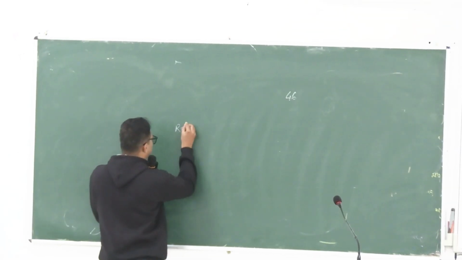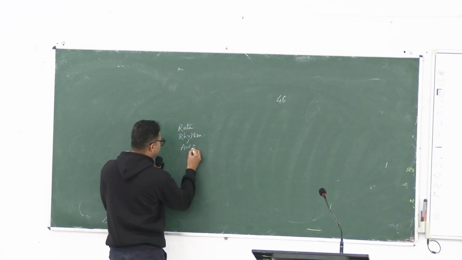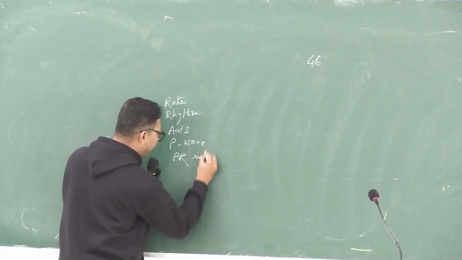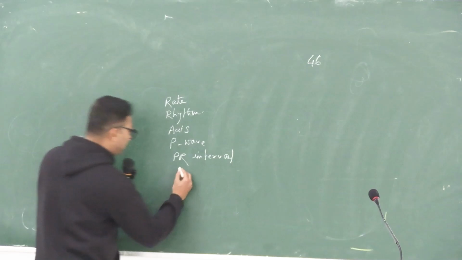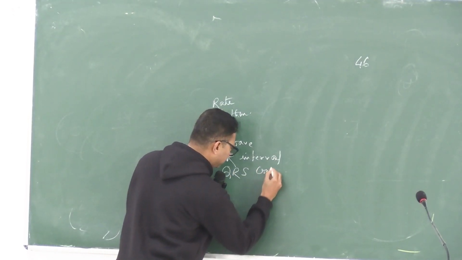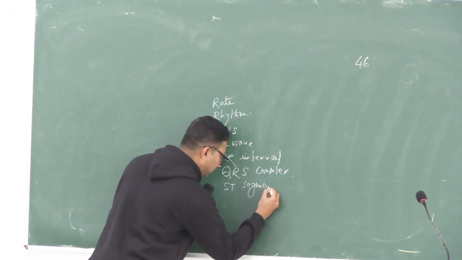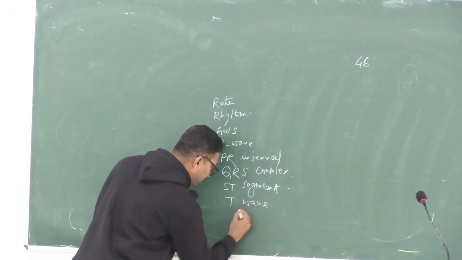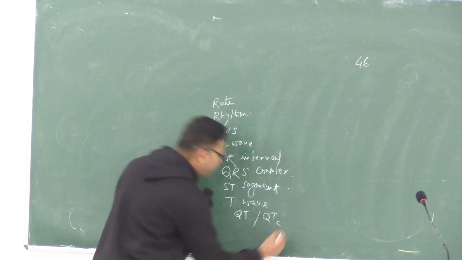Write it down. So first is rate, then rhythm, then axis, P wave, PR interval, QRS complex, ST segment, then T wave, then QT or QTC.